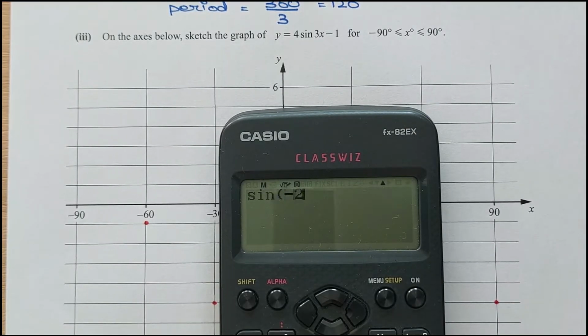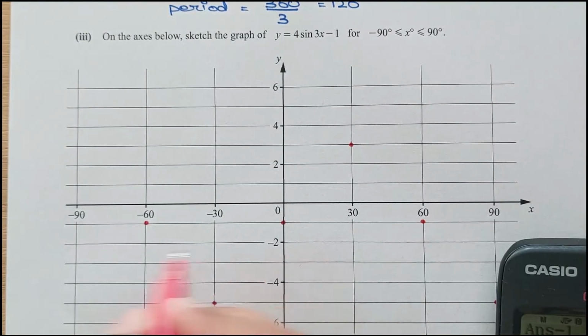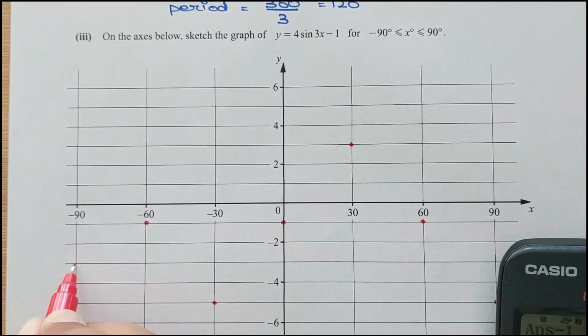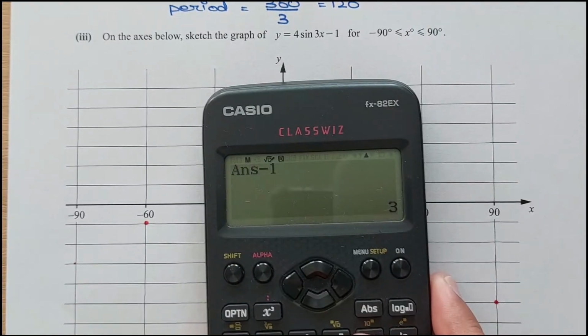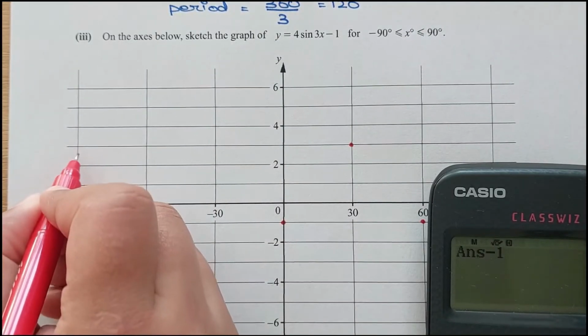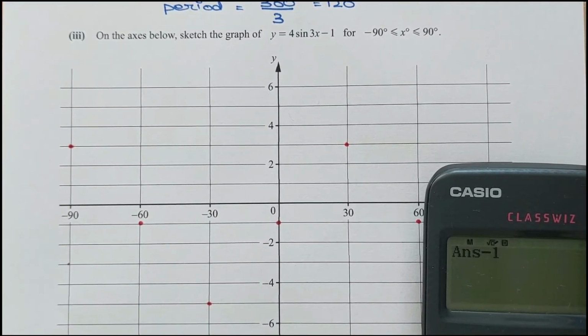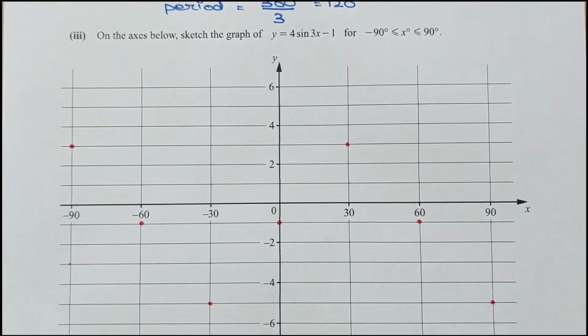And sine of minus 270, times 4, subtract 1, is 3. So this is at 3, sorry, yes, the top point 3. Okay, now let me connect all the points to get the smooth curve for this sine function.